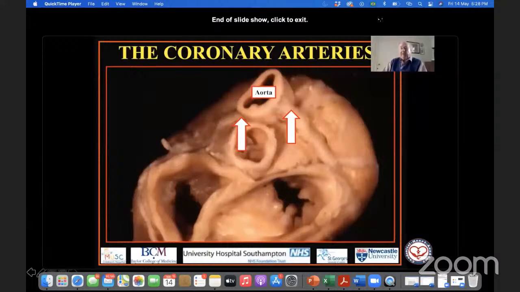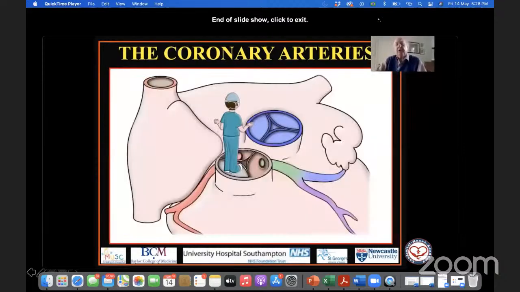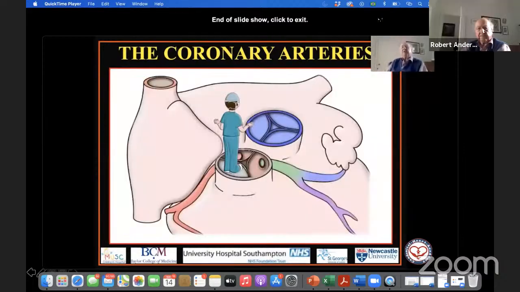Very rarely you can find a coronary artery arising from the non-adjacent sinus, and that's why we call it the non-adjacent sinus, because obviously if a coronary artery is arising from this sinus, it's no longer a non-coronary sinus. So what we're going to emphasize again is that properly to describe the variations, we need to distinguish between those adjacent sinuses.